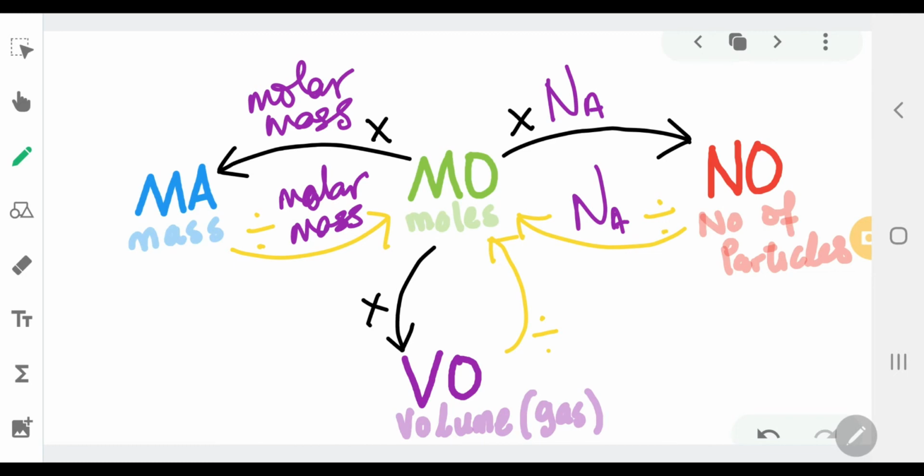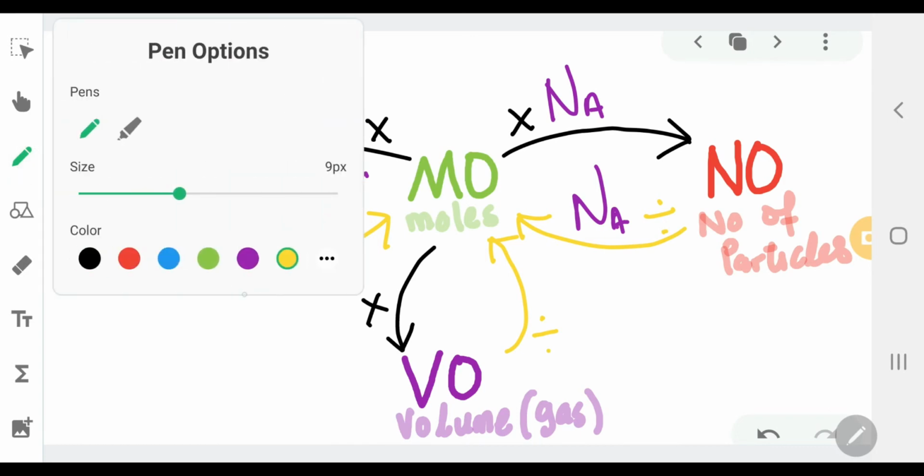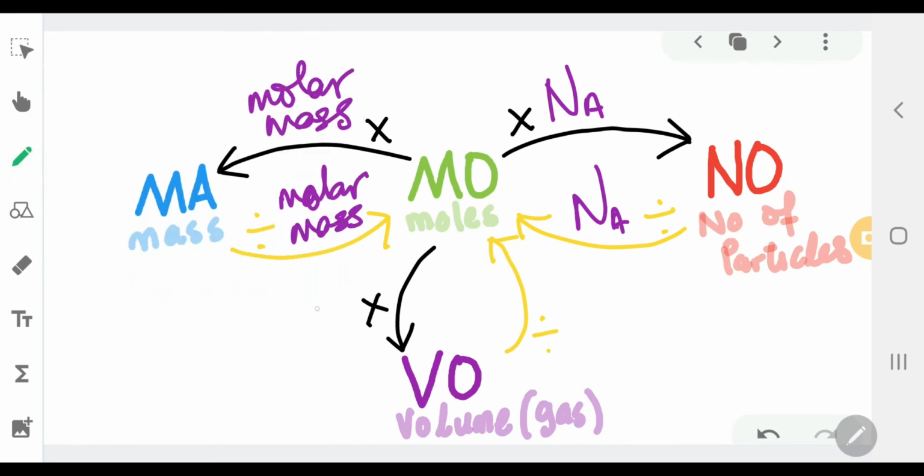It depends on the situation, because to change from moles to volume of gas, you have two conditions to consider. The first one is perhaps at STP or room temperature. STP stands for standard temperature and pressure.